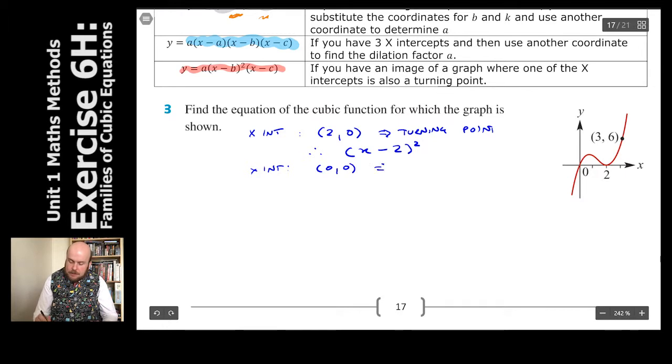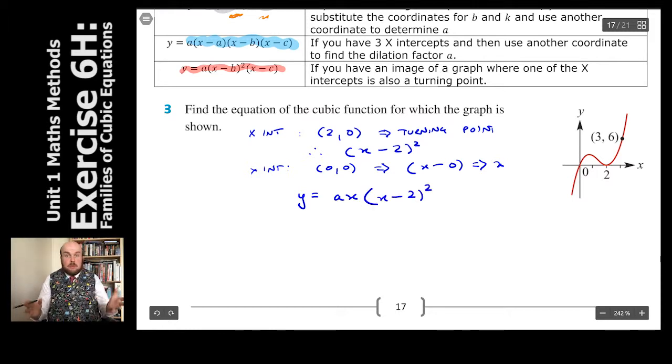So there's going to be a factor, well, I would normally write x minus 0, but of course that is just x. So far, we can start putting our equation together. We've got y equals a x brackets x minus 2 squared. Hooray, that's what we've got so far, because there's a lovely turning point there.